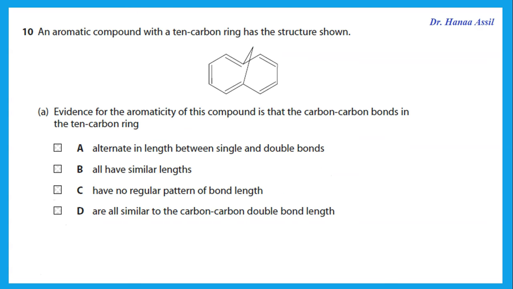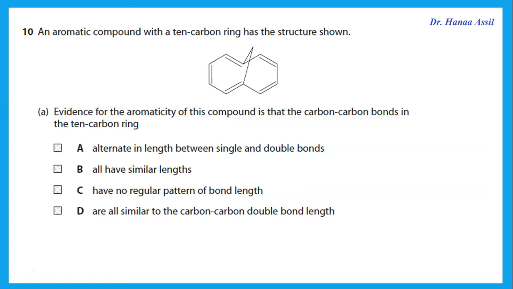Now this question says an aromatic compound. Again, I'm going to remind you, aromatic compound means a benzene ring with delocalized electrons. This compound has a 10-carbon ring and it has the structure. The evidence for aromaticity of this compound is the carbon-carbon double bonds in the 10-carbon ring.